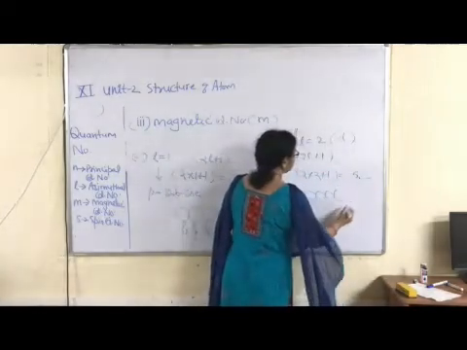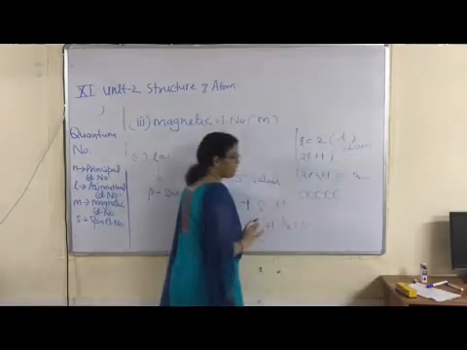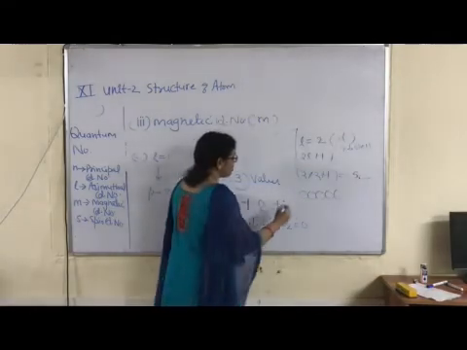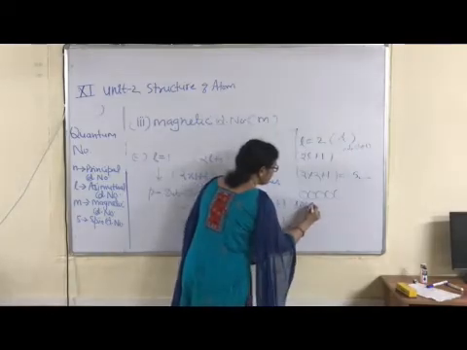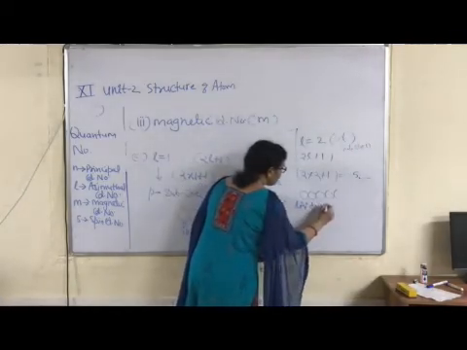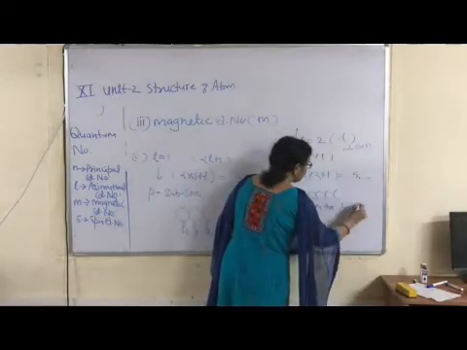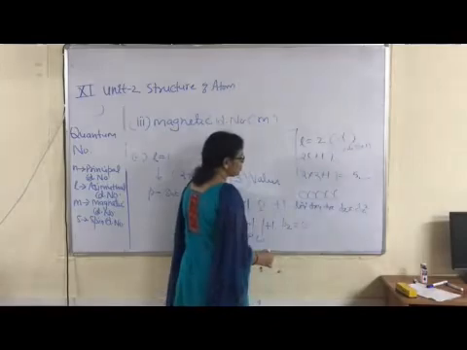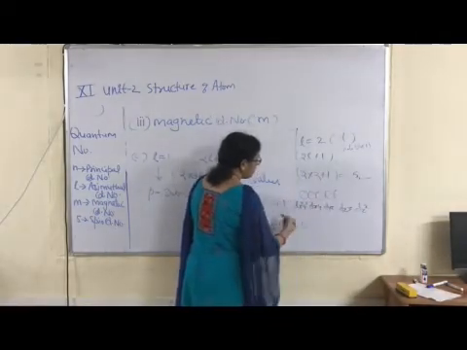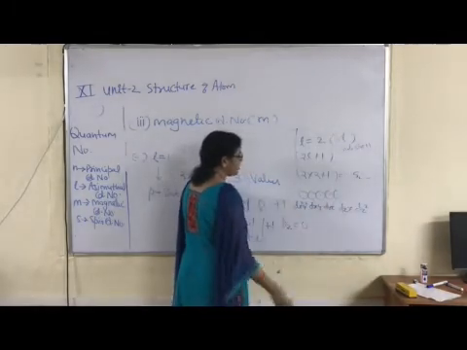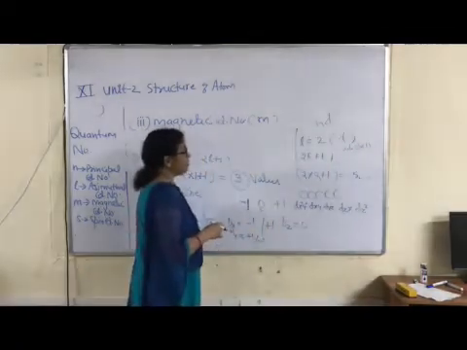How many orbitals are present in the D subshell? 5 orbitals are present, which are known as d x2-y2, then the second d xy, d yz, d zx, and the last one d z square. 1, 2, 3, 4, 5. Right, so these are the possible D orbitals. All are present in the D subshell, right?